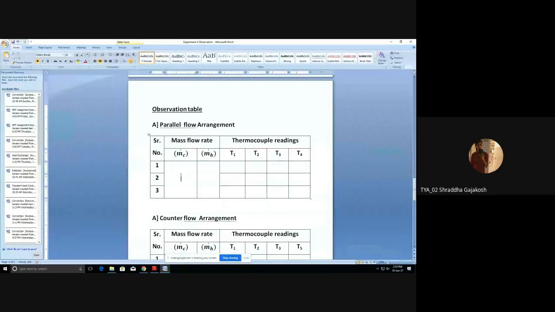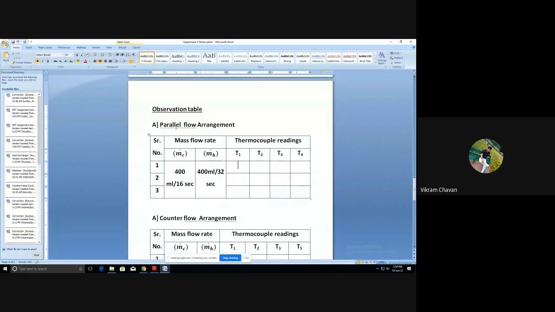Mass flow rate of cold fluid in case of a parallel flow arrangement: 32 seconds for hot fluid and 16 seconds for cold fluid, 400 ml each. So 400 ml divided by 16 seconds and 32 seconds.